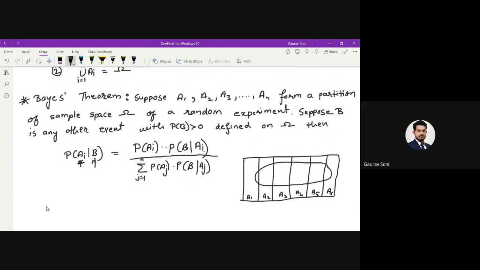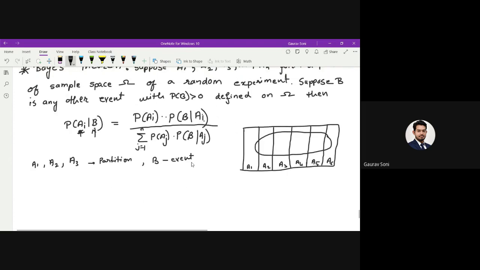It will be much better if we take A1, A2, A3 as a particular case. This is the partition. B is an event other than this, and I want the probability of A1 when B has occurred.